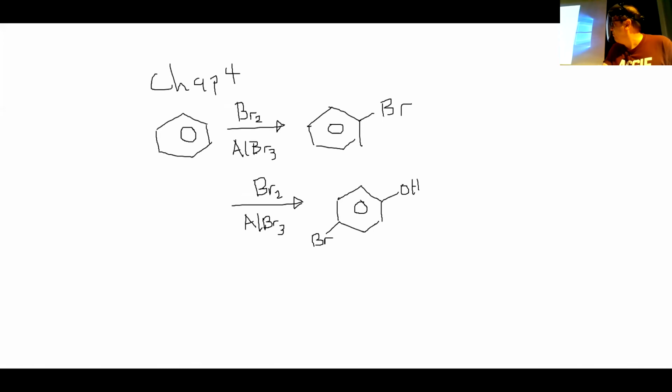What you need to do is look at that and say, well, I've replaced a hydrogen with a bromine, because that is what always happens, without exception, when I treat an aromatic compound with bromine in the presence of aluminum bromide or iron 3 bromide. Now over here, that means I must have replaced this hydrogen with a bromine, which means the OH group was there first. So my starting material must have been phenol.